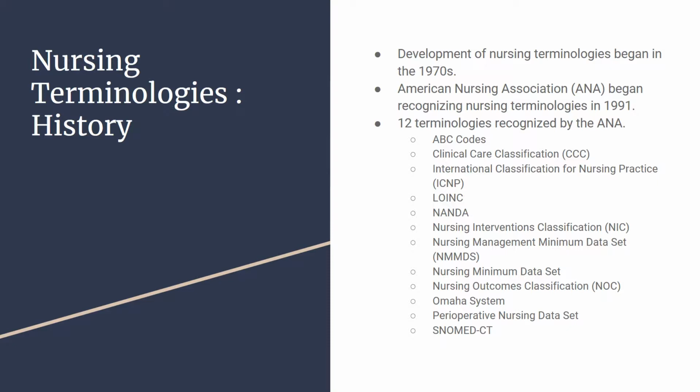These codes are ABC codes, Clinical Care Classification, International Classification for Nursing Practice, LOINC, NANDA, Nursing Interventions Classification, Nursing Management Minimum Dataset, Nursing Minimum Dataset, Nursing Outcomes Classification, Omaha System, Perioperative Nursing Dataset, and SNOMED CT.